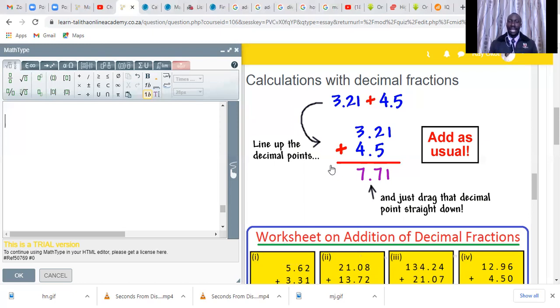Then when we are done with lining up the decimal point, so that the decimal point of the second fraction falls exactly under the decimal point of the first fraction, the next thing we want to look at is to put in 0 so that numbers have the same length, okay? So yes, sometimes it's important that, like here, we could put 0 so that numbers have got the same length.